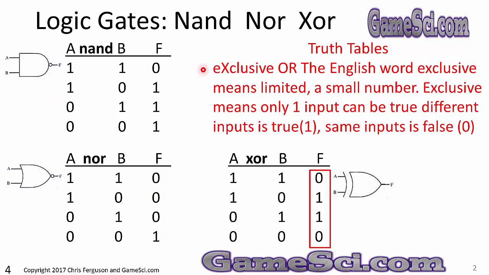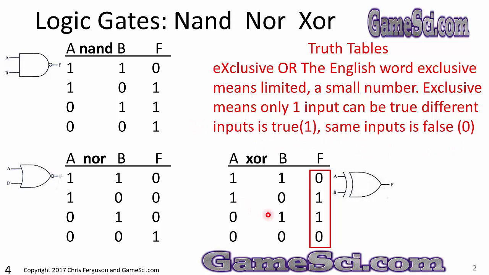The truth table for the exclusive OR. Notice the big X here and the big OR there. This is the XOR gate, exclusive OR. The English word exclusive means limited, a small number. Exclusive means only one input can be true. Different inputs is true. The same inputs is false.